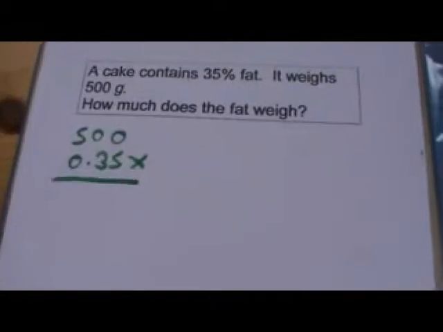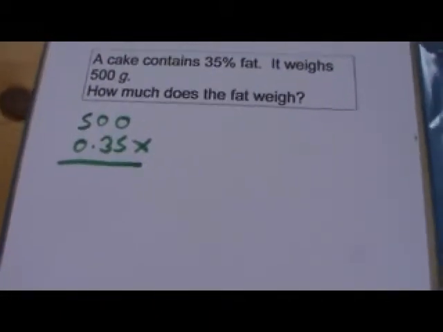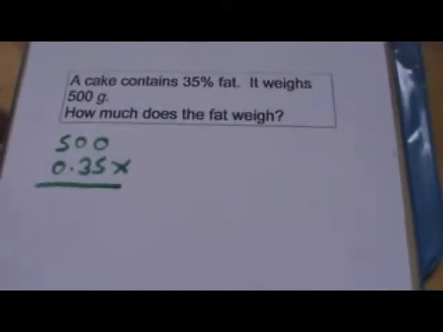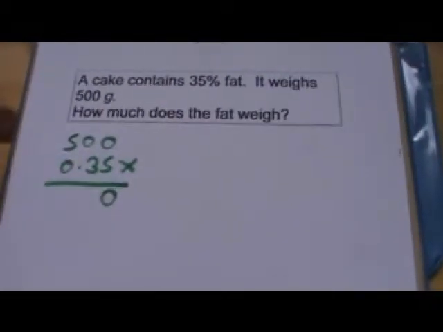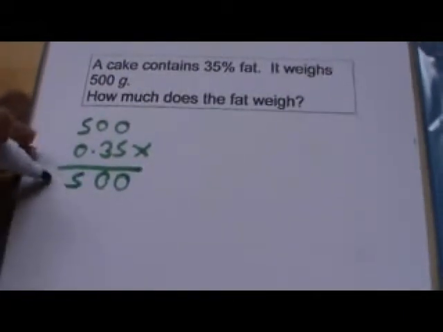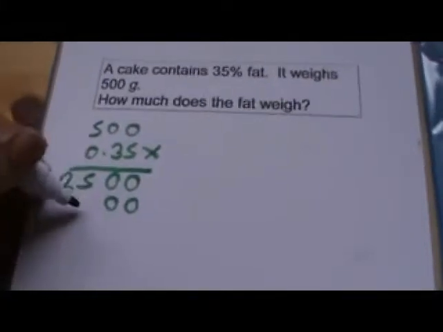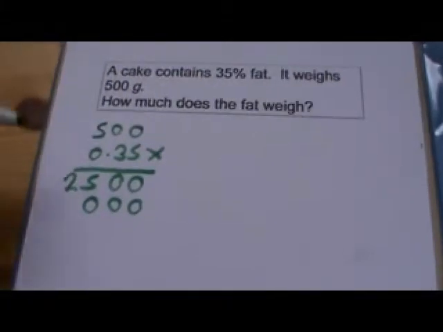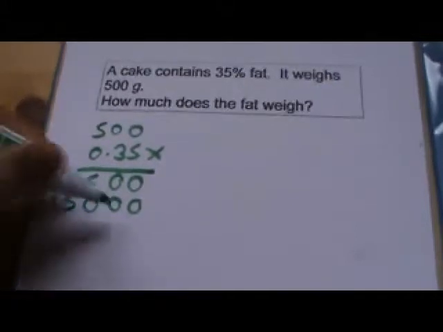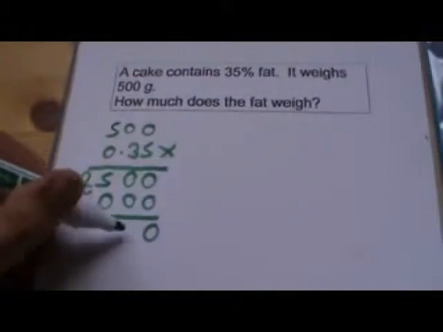Remember, when we multiply by decimals, just ignore the decimal point and then work out where it goes at the end. So we've got 5 zeros, 5 zeros, 5 5s, 25. Put a 0, 3 zeros, 3 zeros, 3 5s, 15. Add up the 2 answers.